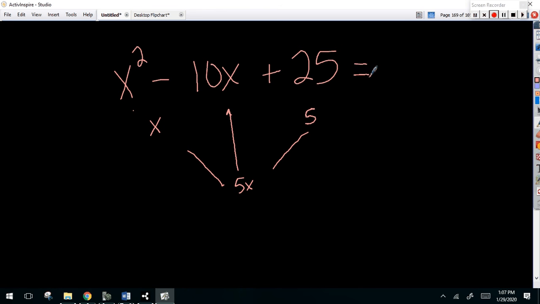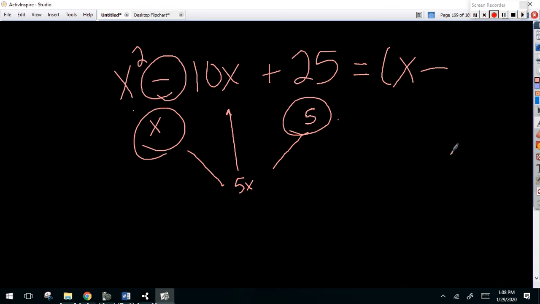So that means in order to factor this, I do x minus 5 squared. I don't have to do the a times c, what multiplies, what adds, any of that. I just factor it using the shortcut. You remember it? One more.